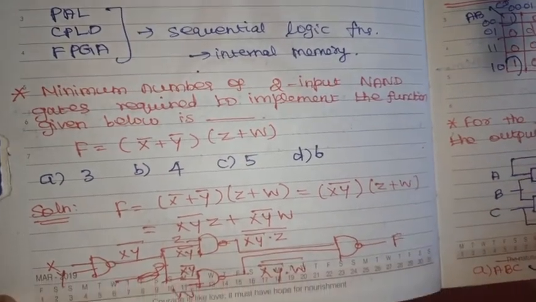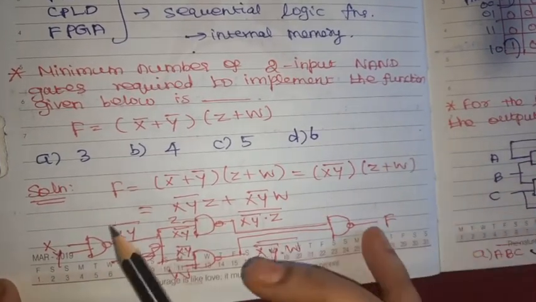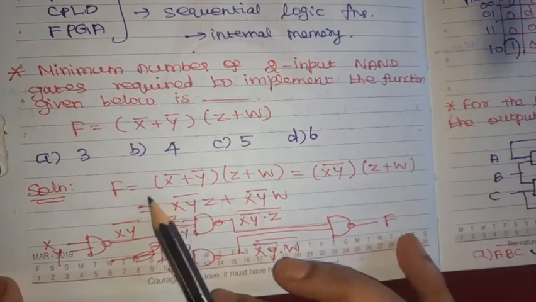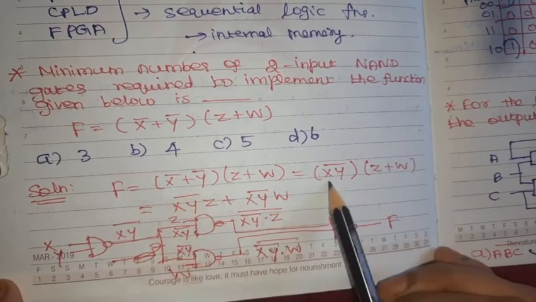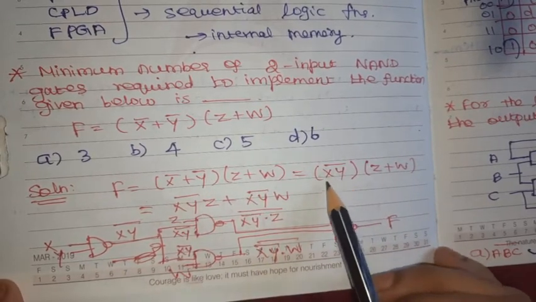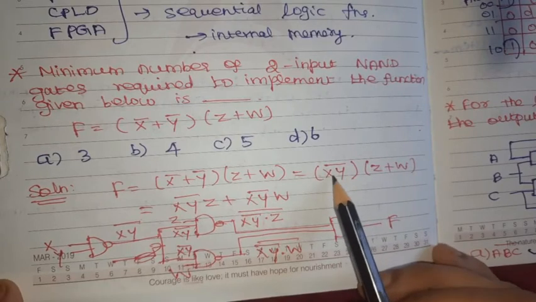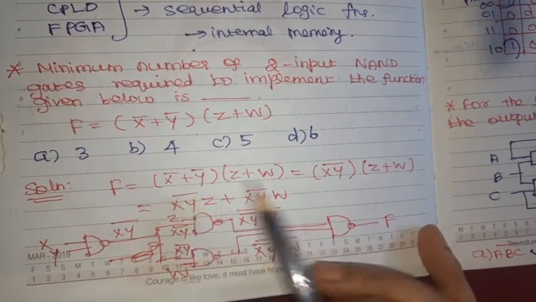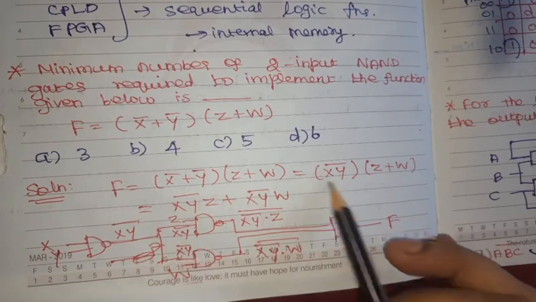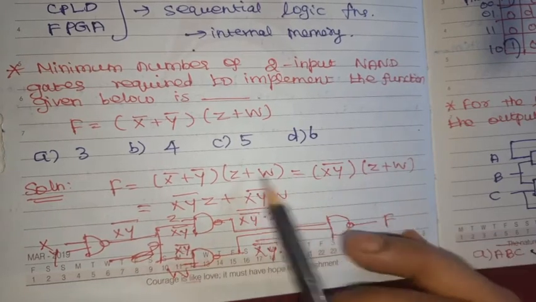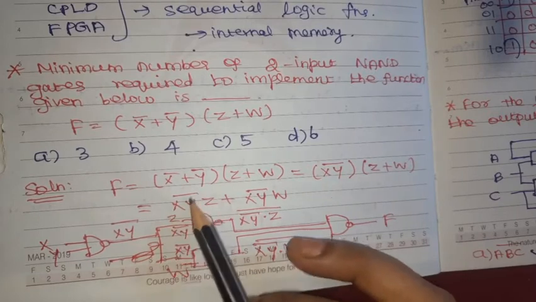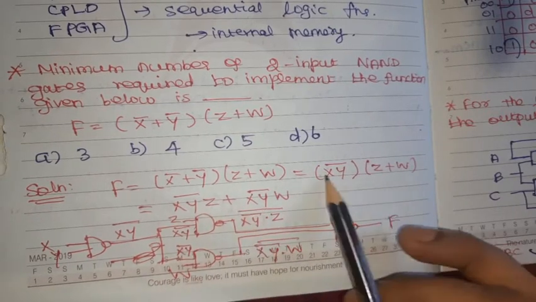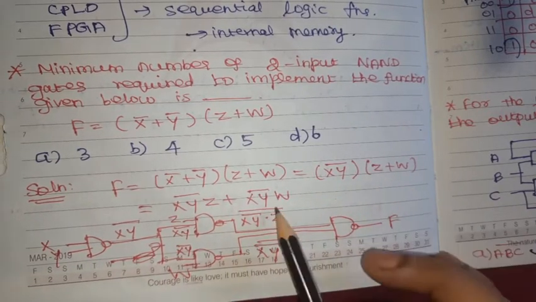First we'll minimize this function. x bar plus y bar can be written as xy the whole bar. So it becomes xy whole bar into z plus w, which is xy whole bar into z plus xy whole bar into w.